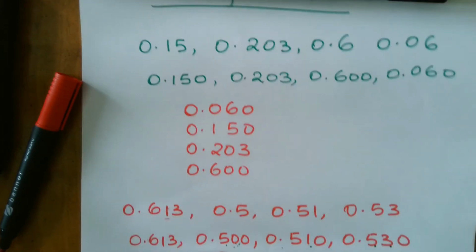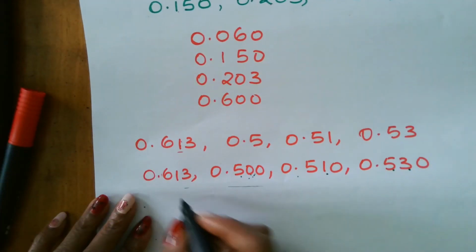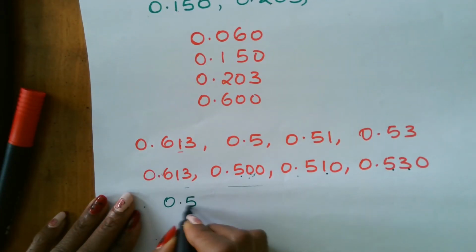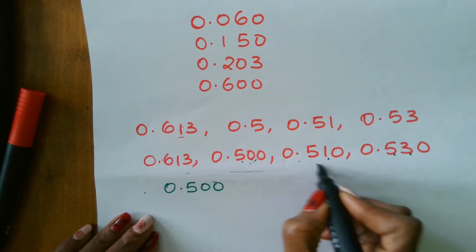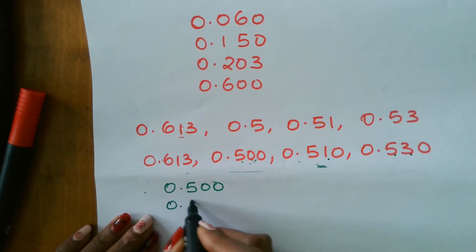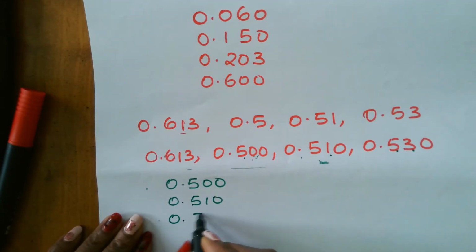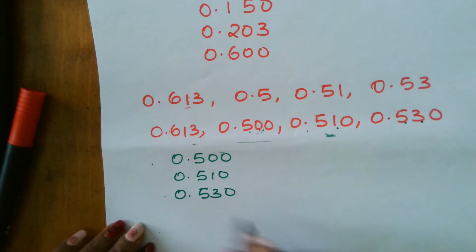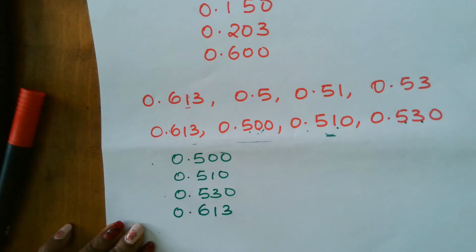So the first number we're going to look at will be 0.500, and then the second one would be this, 0.510, and the third is 0.530, and the last one is 0.613.